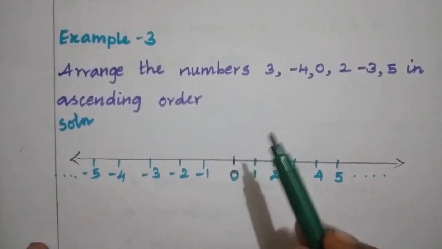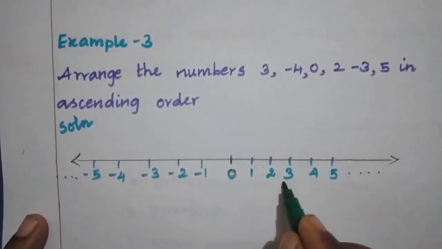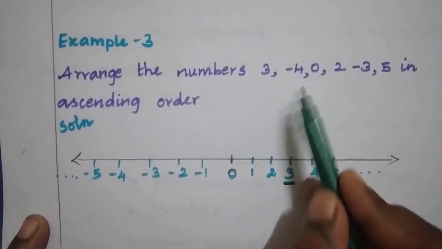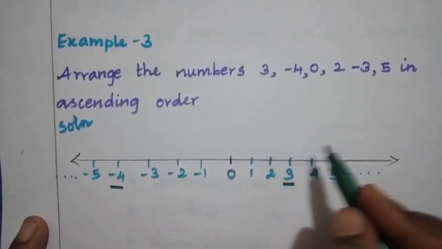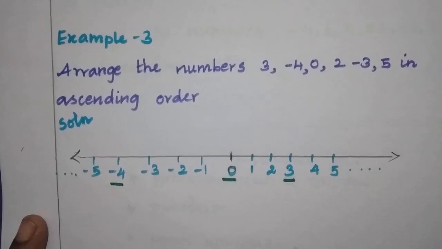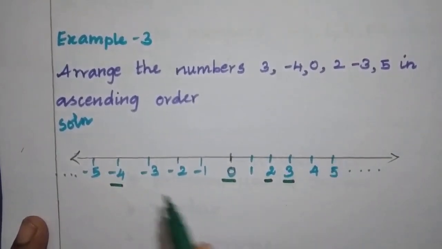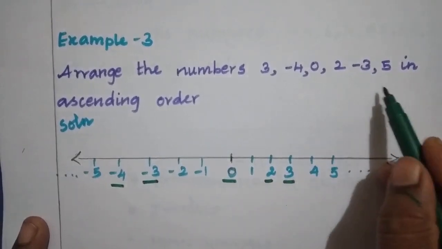The first one is 3, then minus 4, 0 and 2, minus 3 and 5.